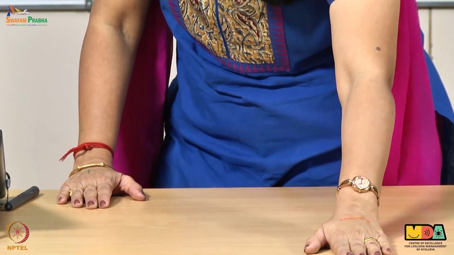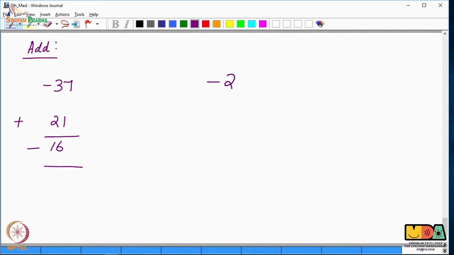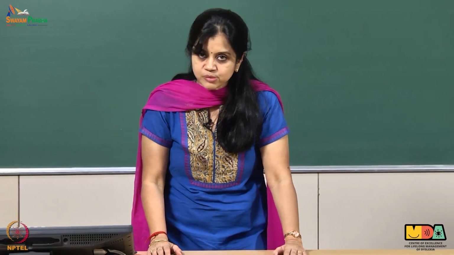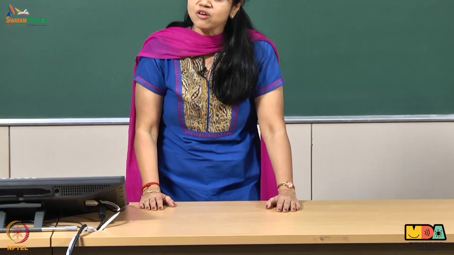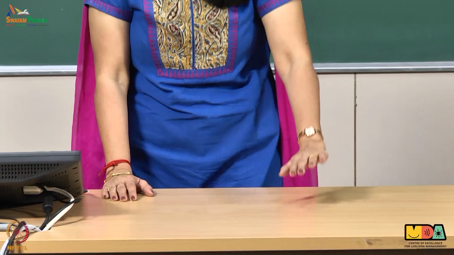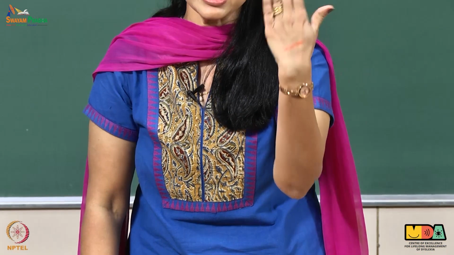Let us take two more numbers. Minus 21 plus 15. So, between 21 and 15, which is bigger? 21 is bigger, and what is the sign affixed? Minus. That means I am going to take my minus hand and place it on top.